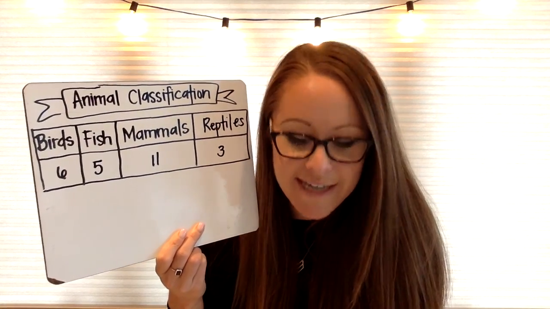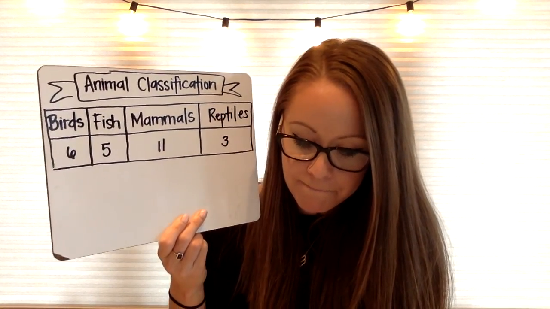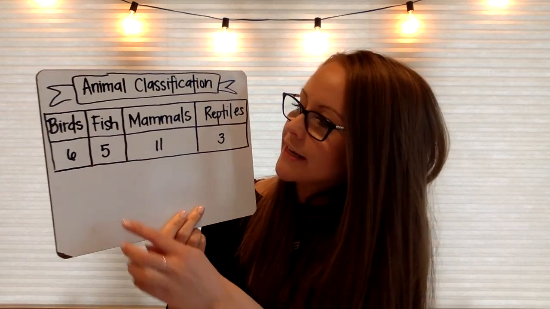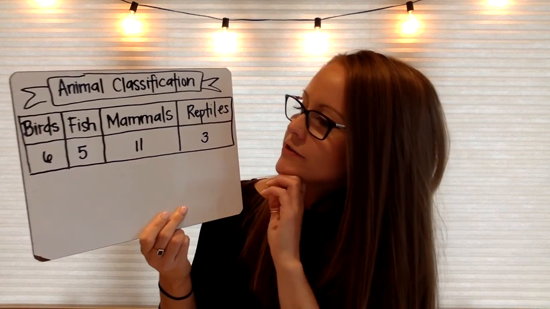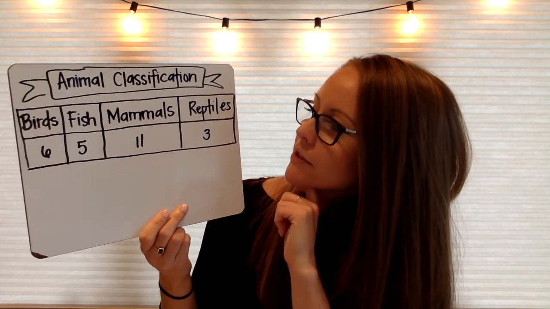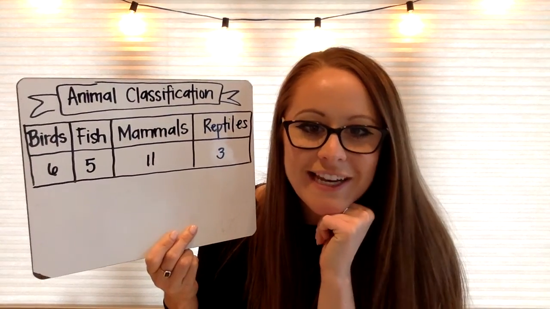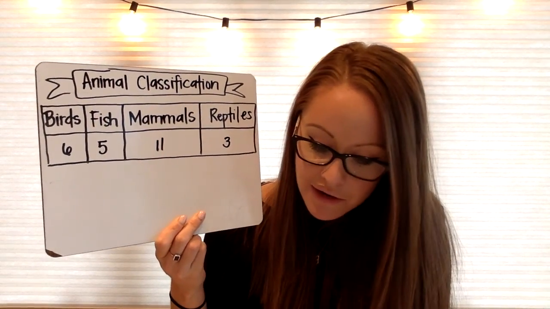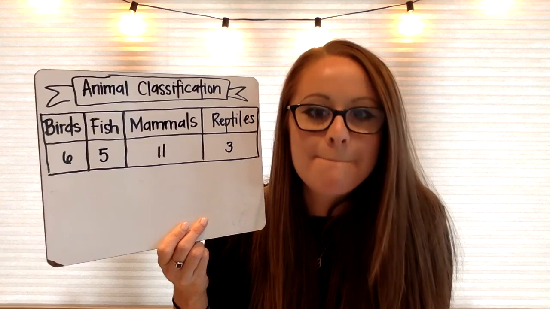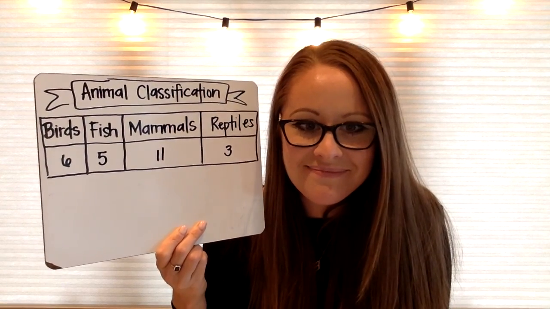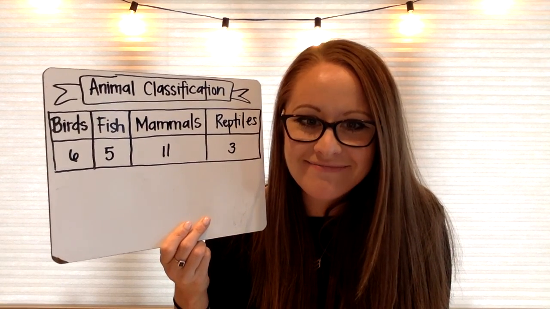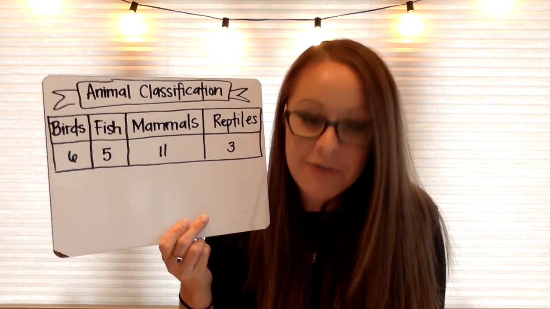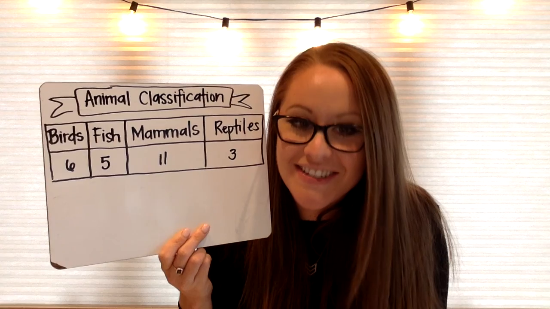So write 17 down, and then we'll say minus, it said fish and reptiles. So fish plus reptiles, 5 plus 3, what does that equal? That equals 8, right? So what is 17 minus 8? Give you a second to think about it. 17 minus 8 is 9. So I would put on letter B, my answer is 9.